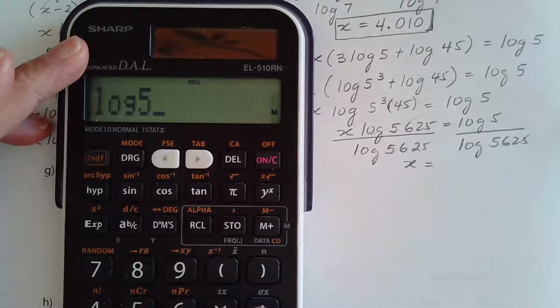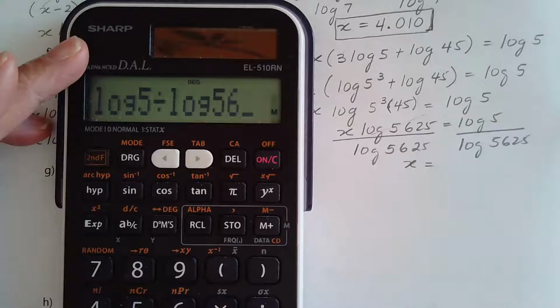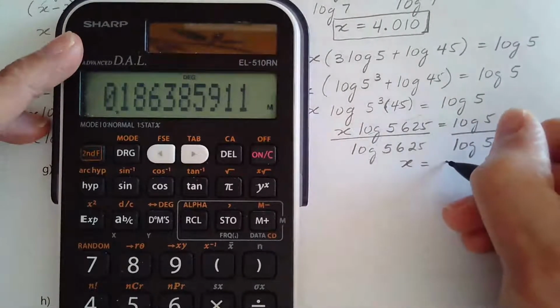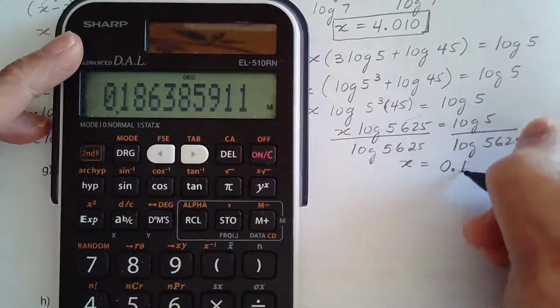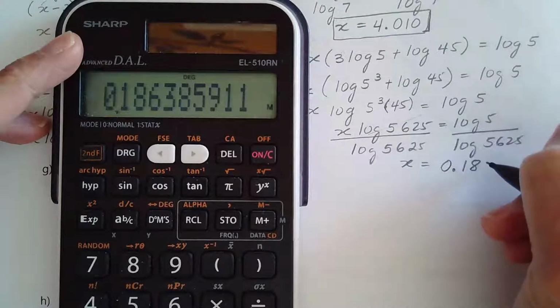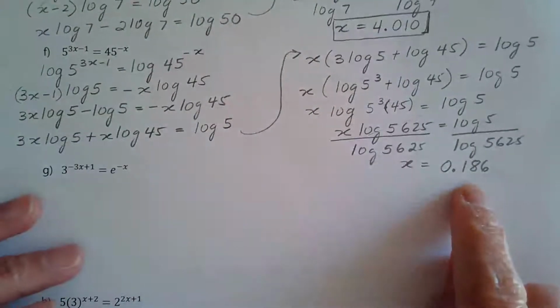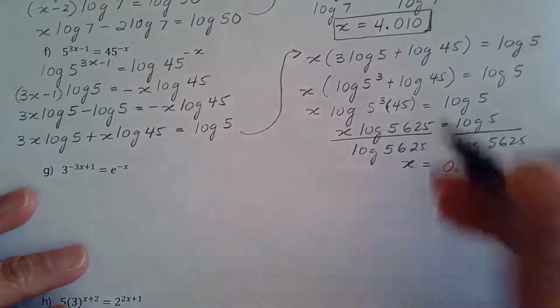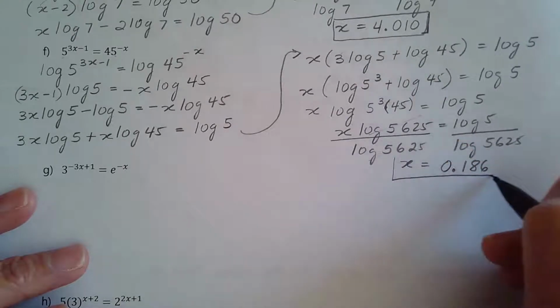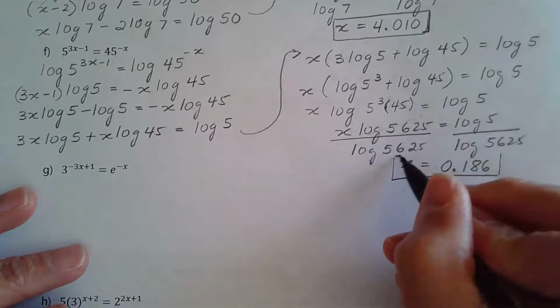Log of 5 divided by the log of 5,625. And I got 0.186. Okay, so that's our answer, to 3 decimal places.